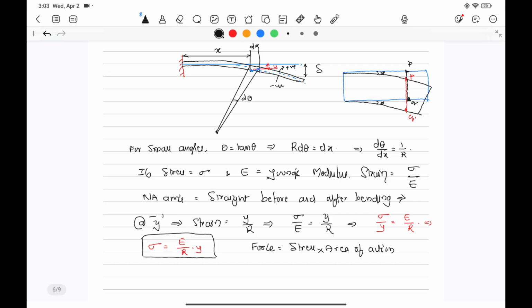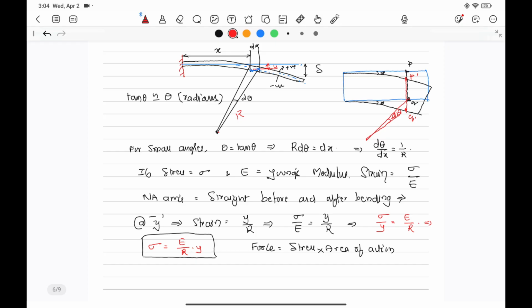Because the angle is very small, for small angles in radians, tan theta is approximately equal to theta. Not in degrees, it is in radians. Tan theta is approximately equal to theta. Whatever this curvature is, there is a radius of curvature.